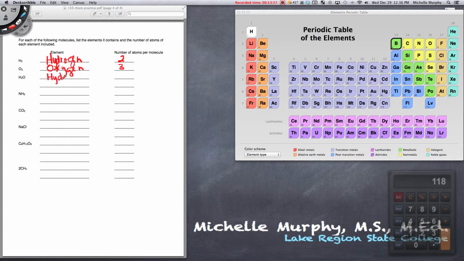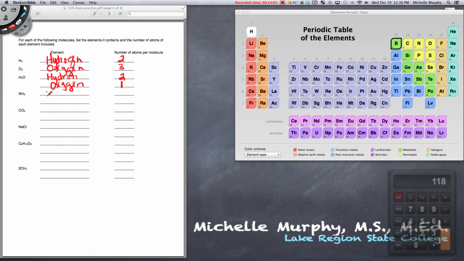We have hydrogen and oxygen in this molecule, and the subscript only refers to the symbol that comes in front of it. So there are 2 hydrogens, but there's no number after oxygen, which means there's only 1 of them. So this molecule of water has 2 hydrogens, dihydrogen, and an oxygen for water.